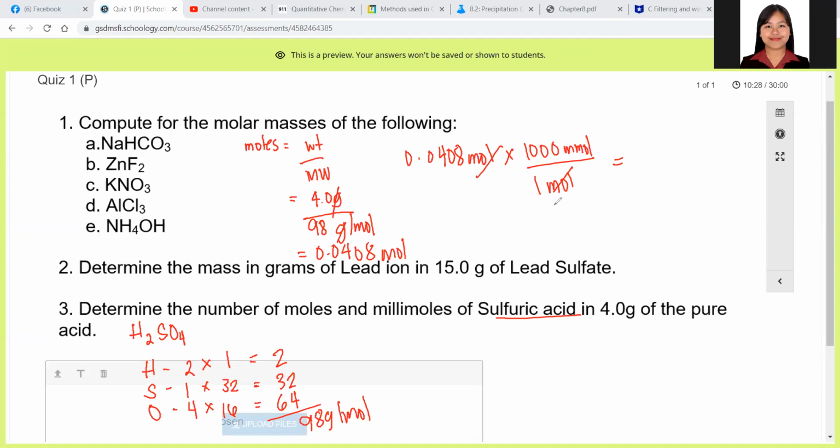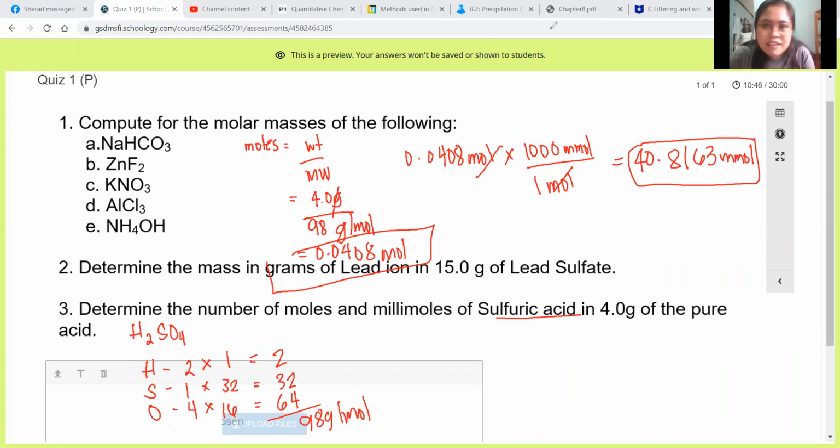So the answer here is 40.8163 millimoles. This is the final answer. Okay? Questions? Actually, this one is stoichiometry and molar mass.